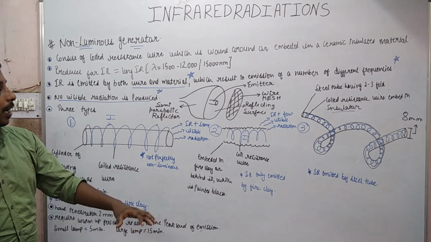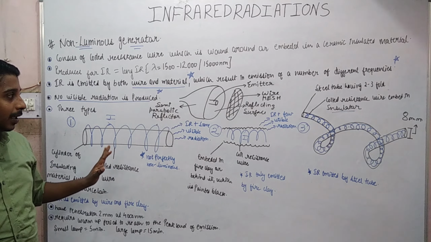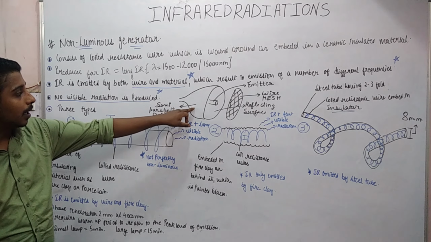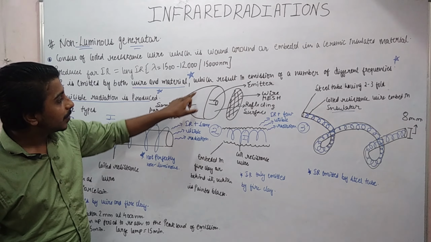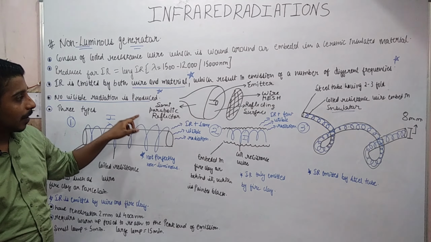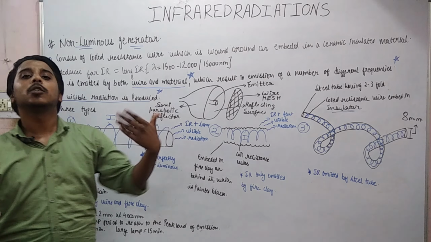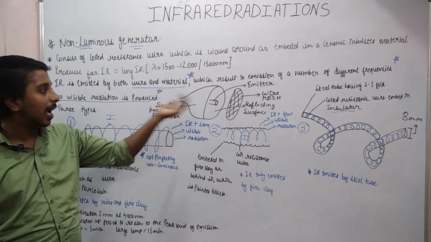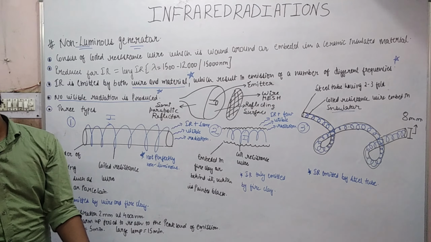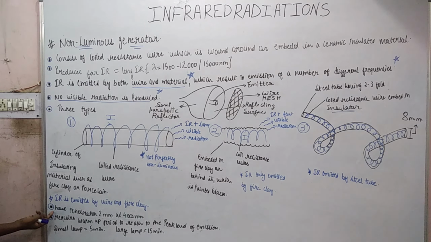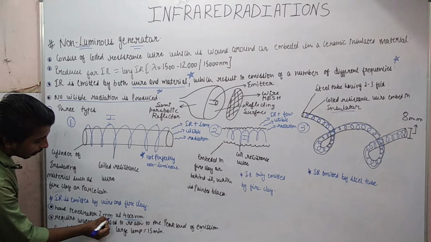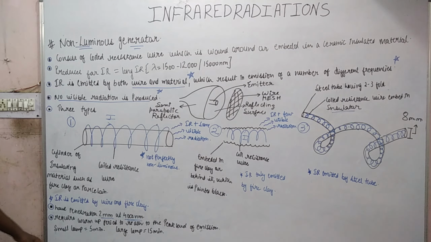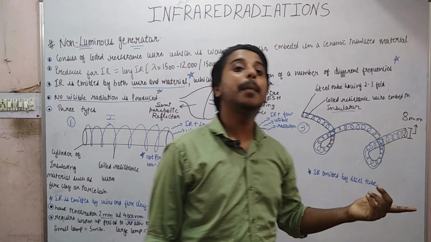non-luminous generator. Now all these non-luminous generators are placed in a semi-parabolic reflector. You can see this is the emitter inside the semi-parabolic reflector, and at the front there is a wire mesh to prevent contact of the patient with the emitter, and the inside is the reflecting surface. Now the last 2 points: it has a penetration of 2 mm at 4000 nanometer, and these require a warm-up time.